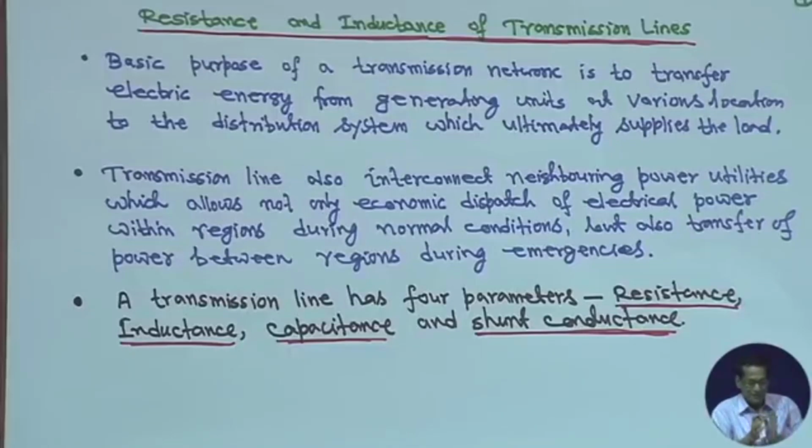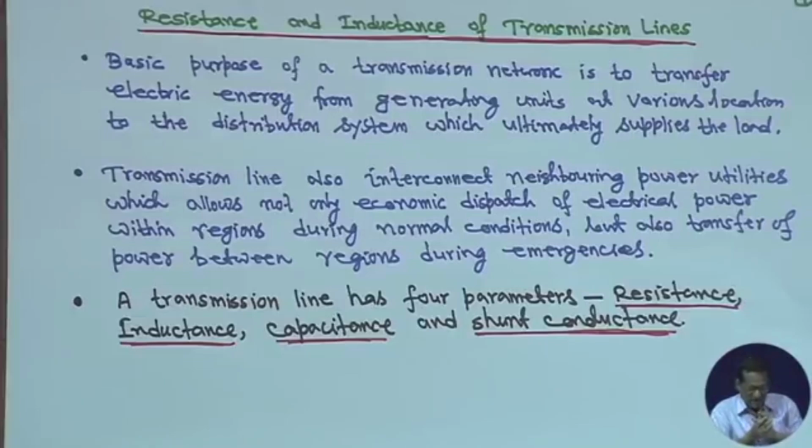So the resistance depends on the type of material used for the conductor and its cross sectional area, because we know resistance R is equal to rho into L upon A. A is the cross sectional area of the conductor.